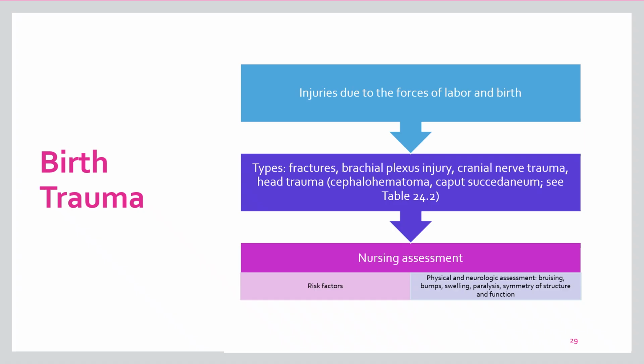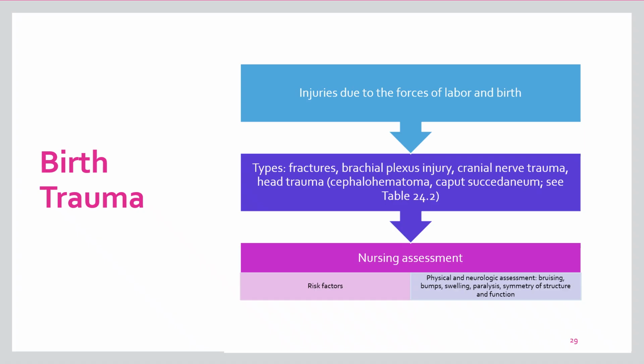So now we see birth trauma, injuries due to the forces of labor and birth. Types may be fracture, brachial plexus injury, cranial nerve trauma, head trauma, cephalohematoma, or caput succedaneum. For fractures, for example, if they have a shoulder presentation, the shoulder bones can break.